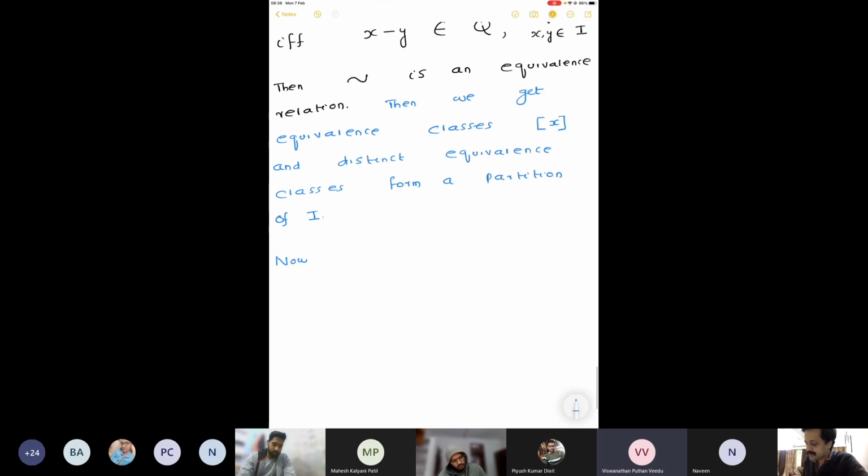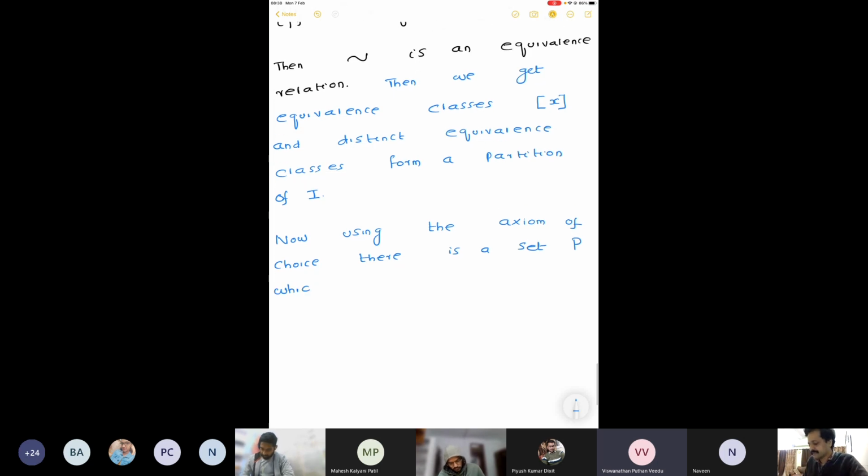Now, using the axiom of choice, there is a set, of course inside I, there is a set P which contains exactly one element from each equivalence class.